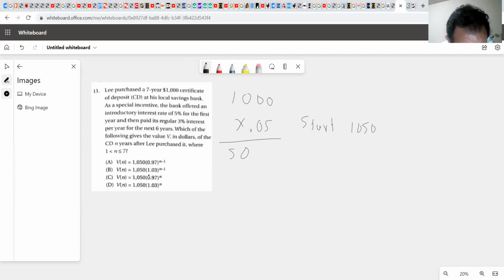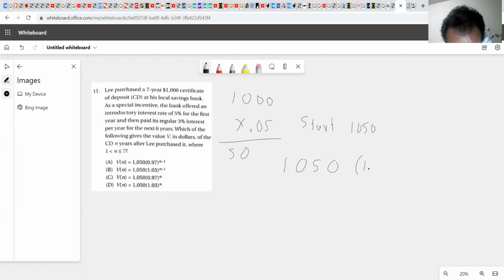And if you look at the choices there, you see that 1,050 is in the problem. So now it comes down to these two choices, B or D, right? Would it be 1,050 times 1.03, now the 0.03 is adding the 3% that goes for the next 6 years, right?